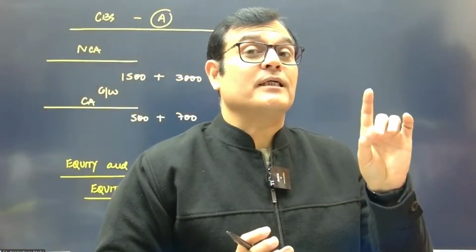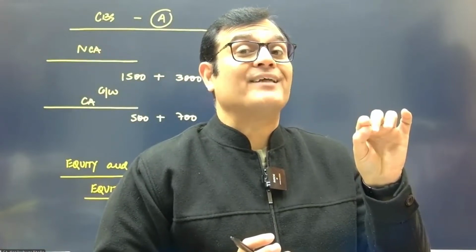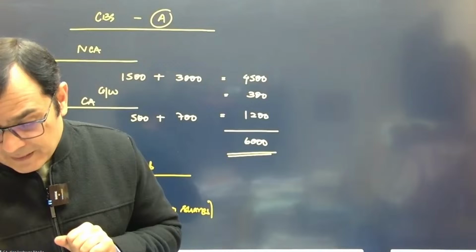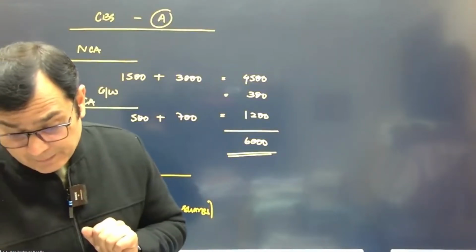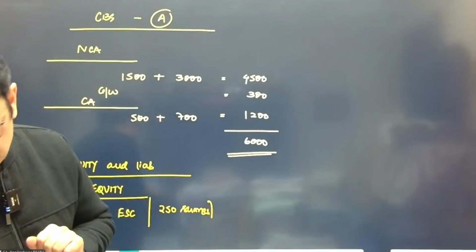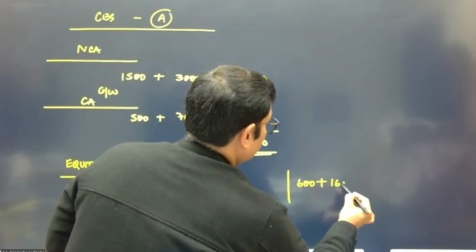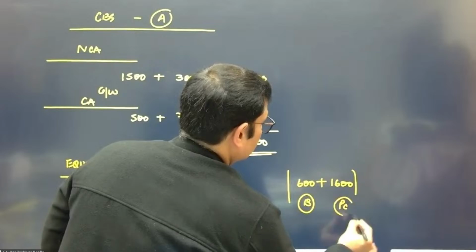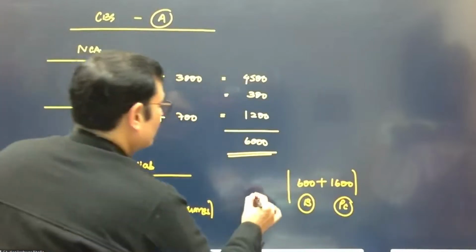So we will consider the amounts based on the share capital of B, the accounting acquirer, plus the purchase consideration. The share capital of company B is appearing in the balance sheet to the extent of 600, and add the purchase consideration which would have been issued. So that works out at 2200.